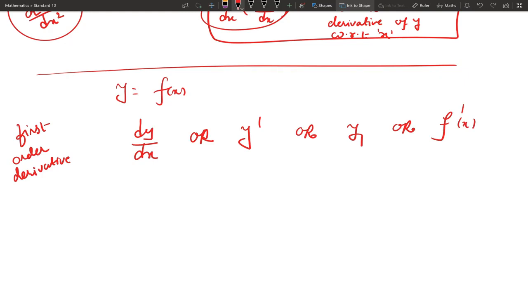Equivalent notation. This is the first order derivative of y with respect to x. So dy by dx, or you denote it by y dash or y prime or suffix y1, suffix 1 denotes first order derivative, or f prime x.